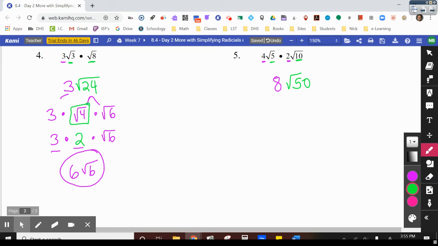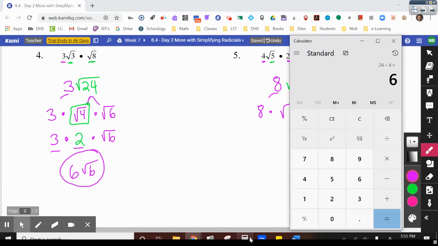All right, so once I smash these together, now I'm ready to break them apart by finding that largest perfect square factor and another factor. So I'm going to break up this rad 50 into a perfect square times a non-perfect square. Like I said, this 8 just stays on the outside for now. You've got to make sure you bring it on down.